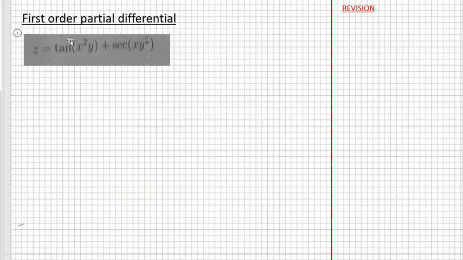Okay, now let's look at this question here. We have the function z is equal to tan x squared y plus sec x y squared. So we need to derive the function z with respect to x first. So in other words, we need to find this.